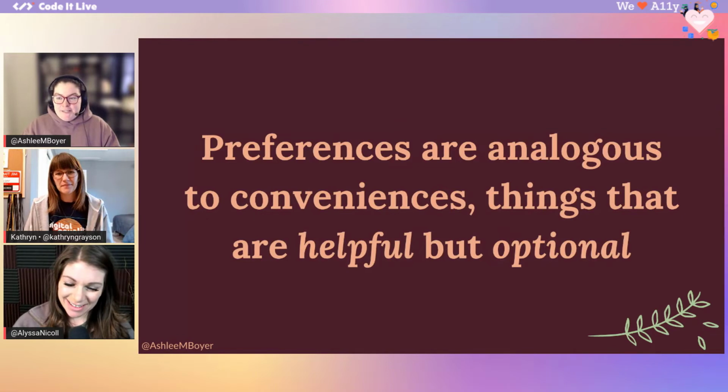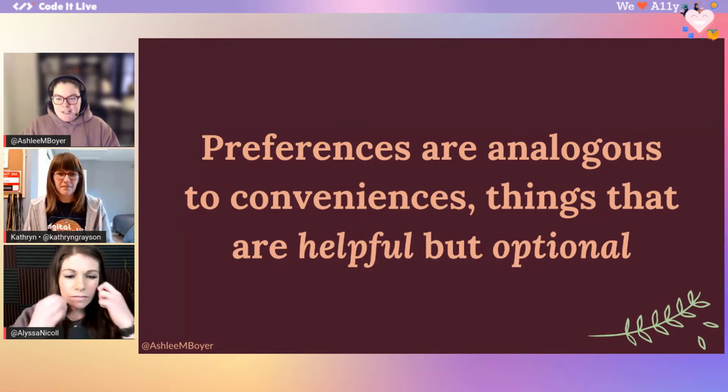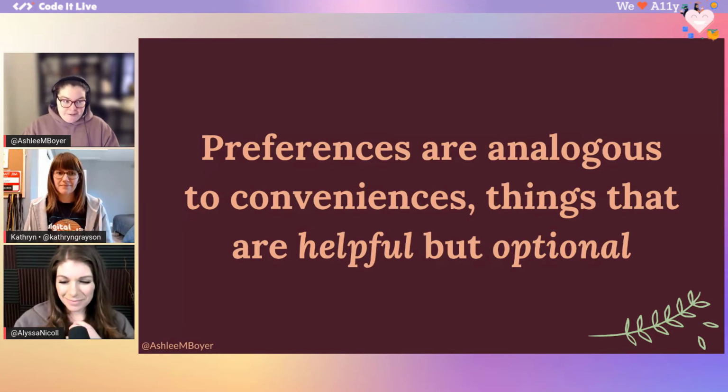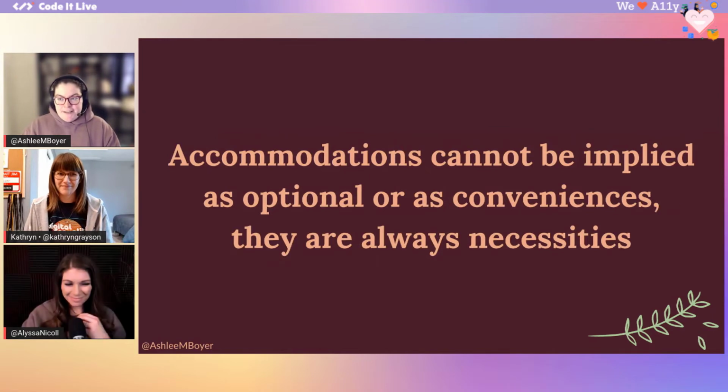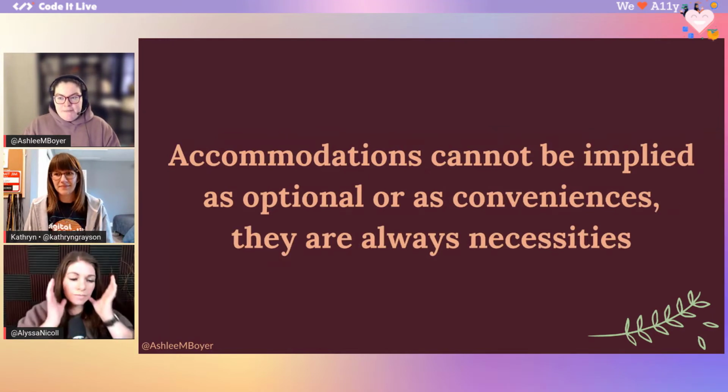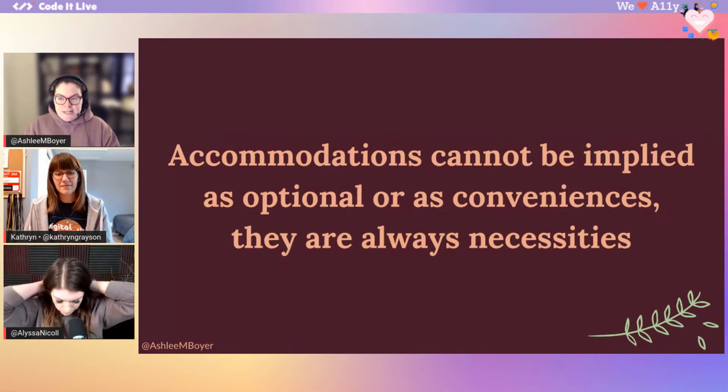And moving on to the next point, preferences are analogous to conveniences, things that are helpful but optional. And the sooner everyone realizes that applications can't just be made of shiny features for marketing the application, the better, because accommodations cannot be implied as optional or conveniences. They are always necessities.